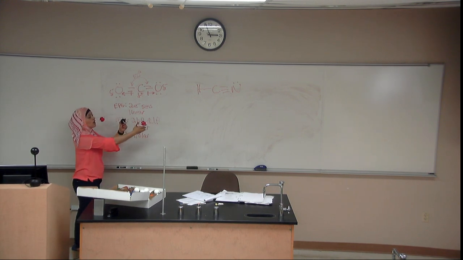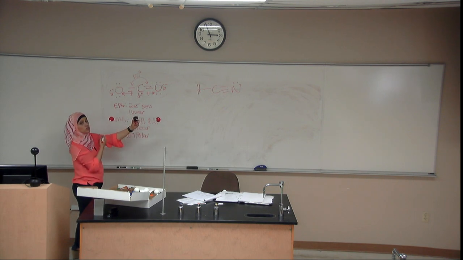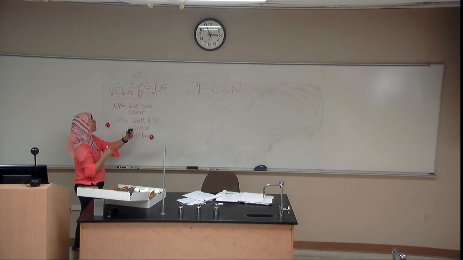It's like two hooks tugging on these electrons. They're pulling in equal and opposite directions. So this is pulling right, this is pulling left, they cancel out, okay? So that's why this is non-polar.